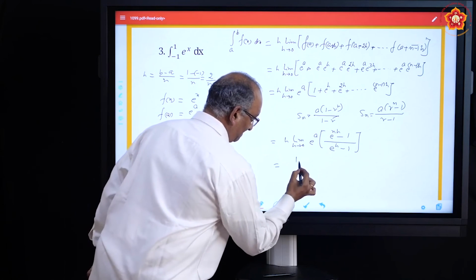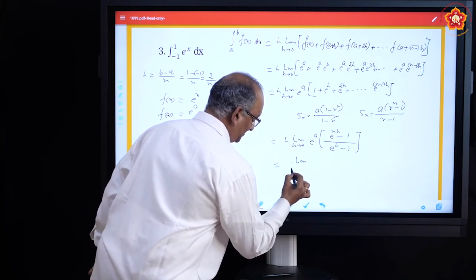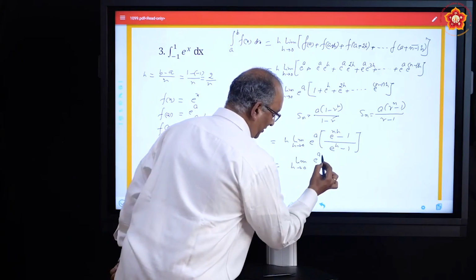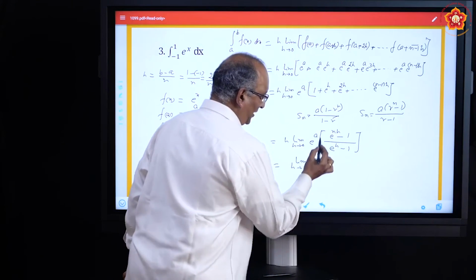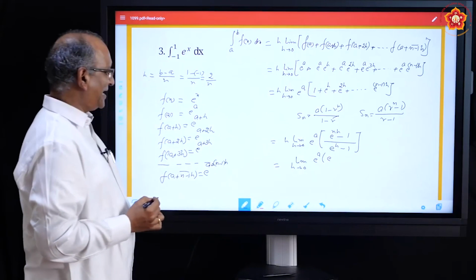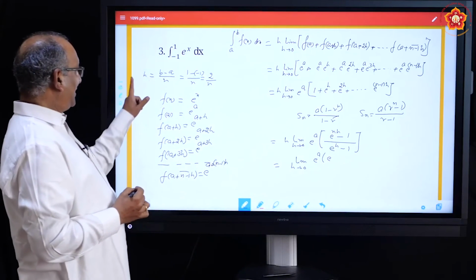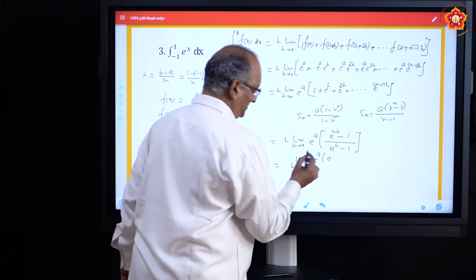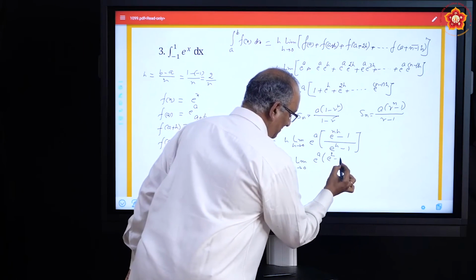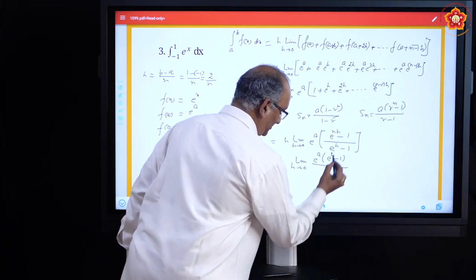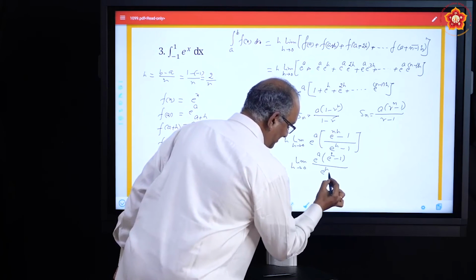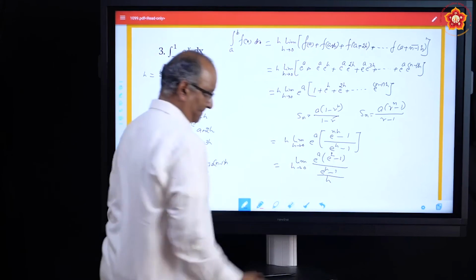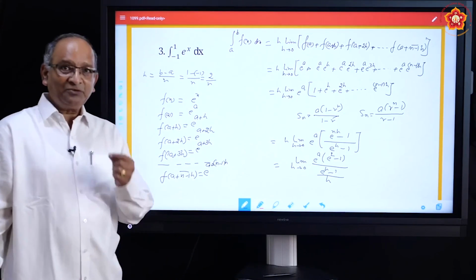It will be limit h tends to 0, e to the power a, (e to the power nh minus 1) upon (e to the power h minus 1). What is this nh? Actually, you can substitute back: h into n. nh is nothing but 2. Just to make it very simple, e square minus 1 upon e to the power h minus 1. I was telling you to get this h here, and then use the formula.